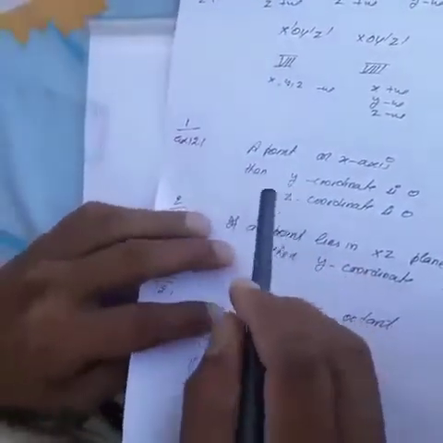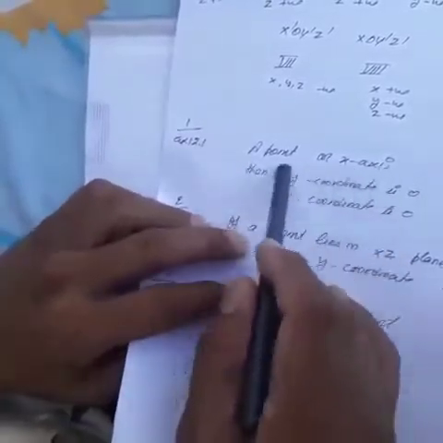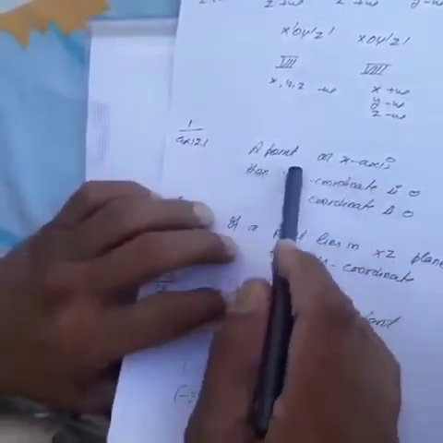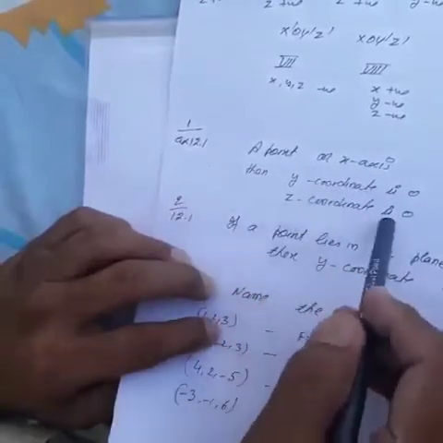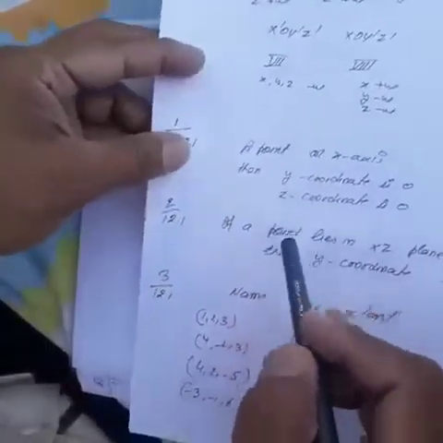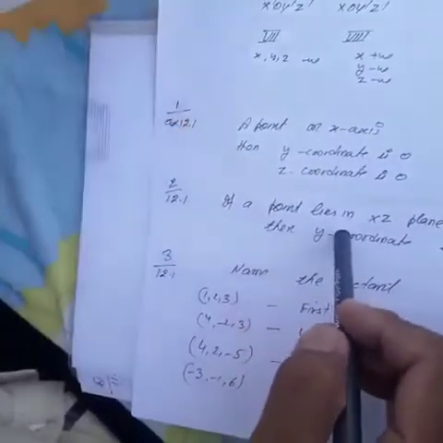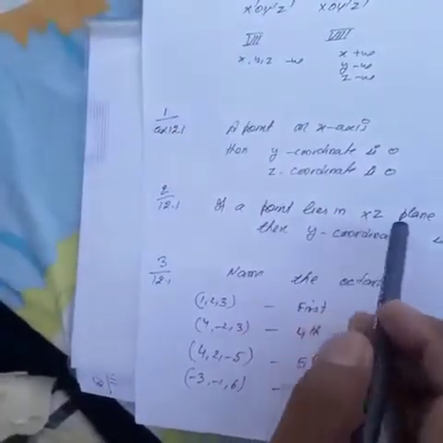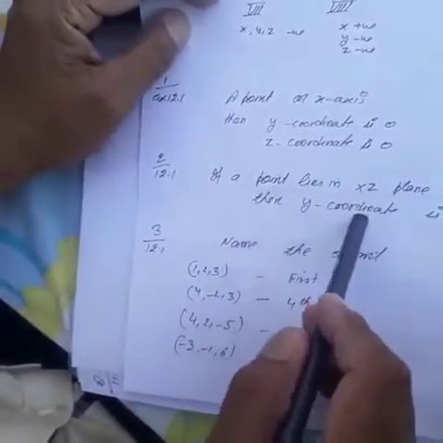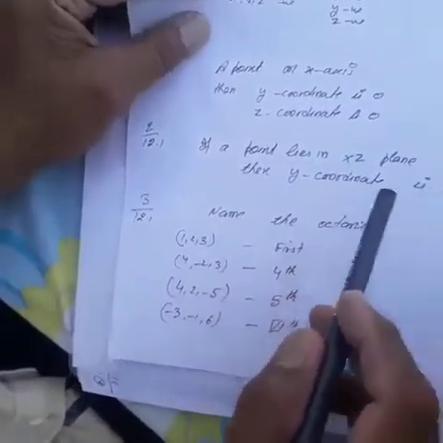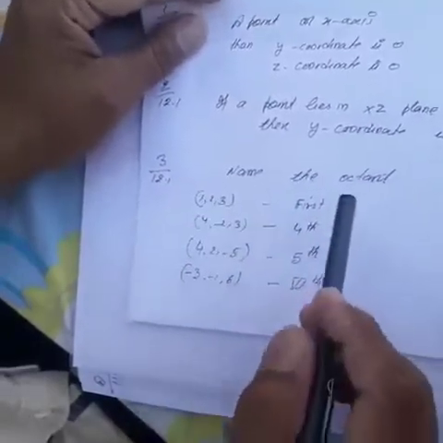Now the first question: if a point is on x-axis, then the y coordinate and z coordinate will be 0. Second, a point is lying in the xz plane, so definitely the y coordinate is going to be 0, and the x and z coordinates will be non-zero.